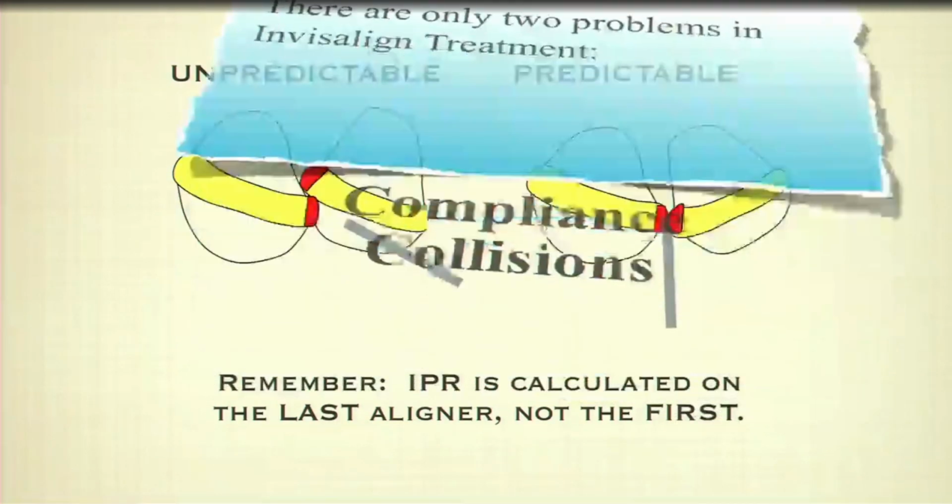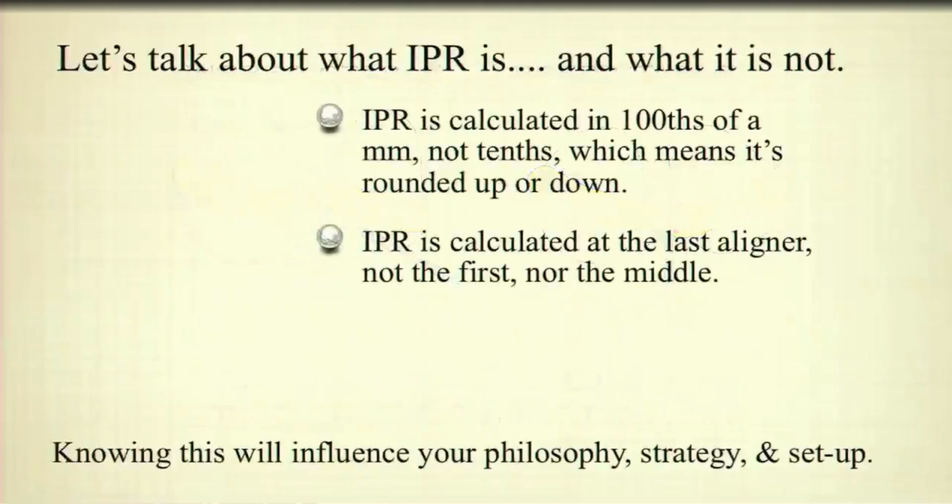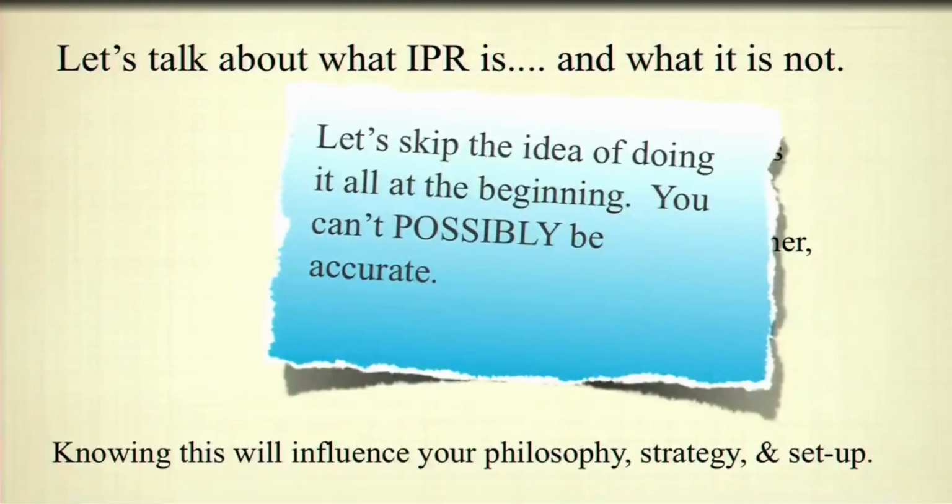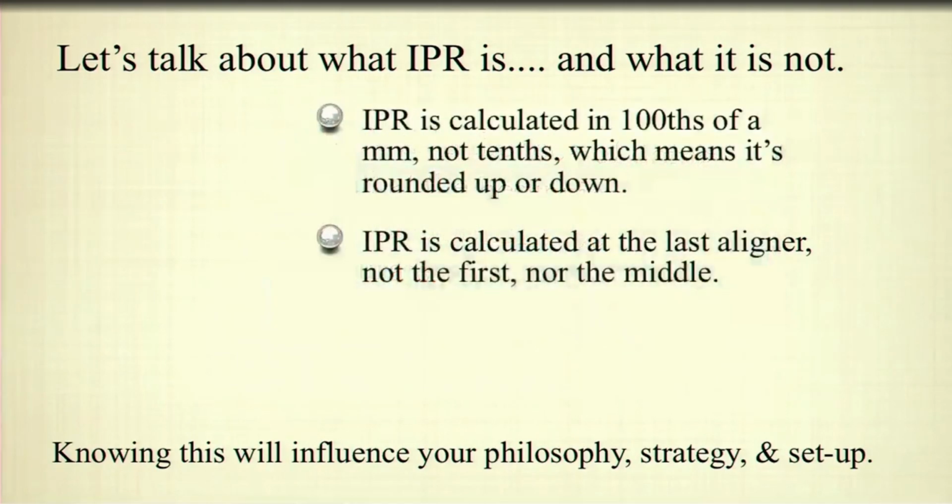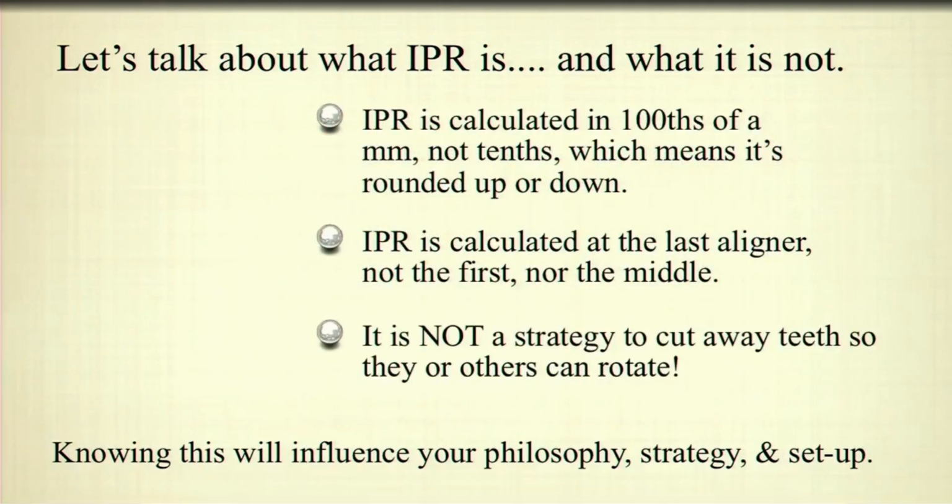All right, so with that in mind, the last thing I want to mention to you before we get rolling is let's skip the idea of doing it all at the beginning. You can't possibly be accurate. And frankly, if it's really crowded, you can't possibly get on the right surfaces that are supposed to be IPR'd. It's not a strategy to cut away teeth so that they or other teeth can rotate.